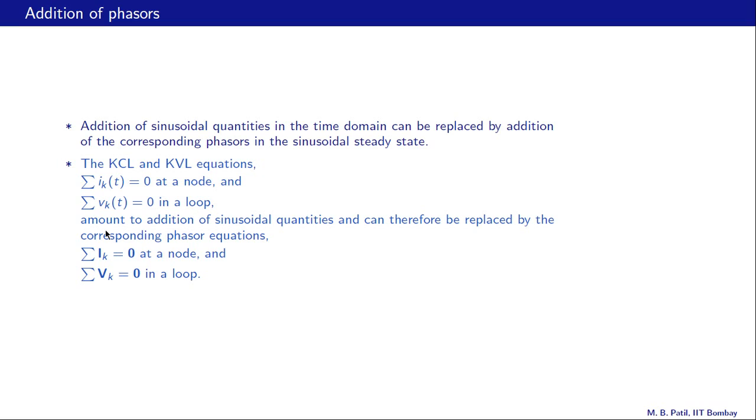These equations amount to addition of sinusoidal quantities and can therefore be replaced by the corresponding phasor equations. What are the phasor equations? Sigma of the phasor currents equal to 0 at a node, and sigma of the phasor branch voltages is equal to 0 in a loop.